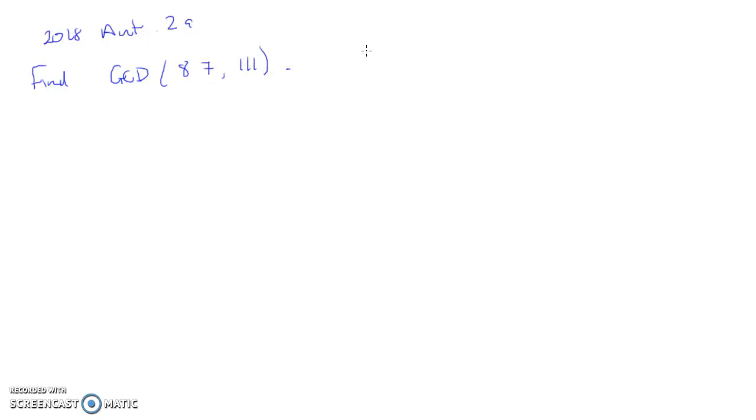And then the question was, in Z111, does the element 87 have a multiplicative inverse? And explain. Note, it doesn't ask you to find the multiplicative inverse, just to find if it exists.